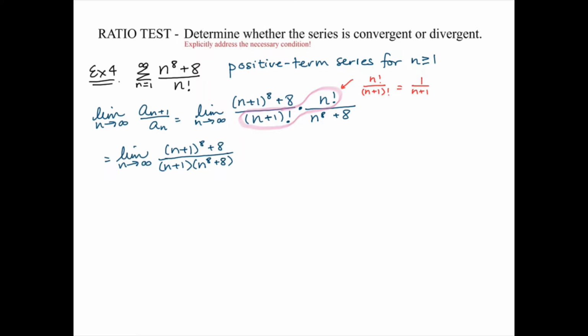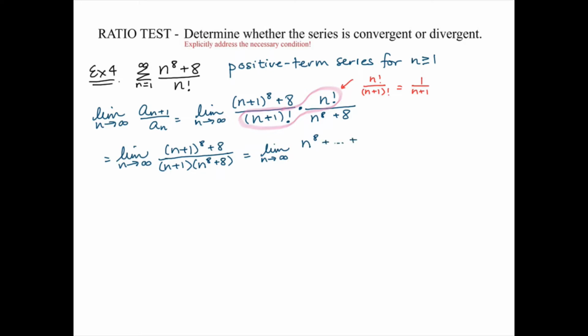Now, I don't actually need to do all of the multiplication, but I know that if I multiply out the numerator, I'm going to get a polynomial whose leading term is n to the 8th.